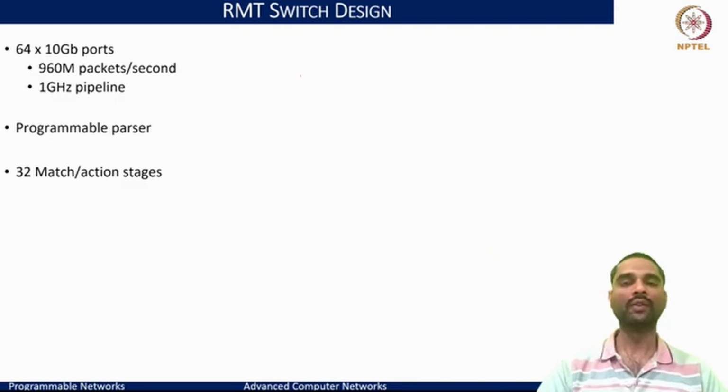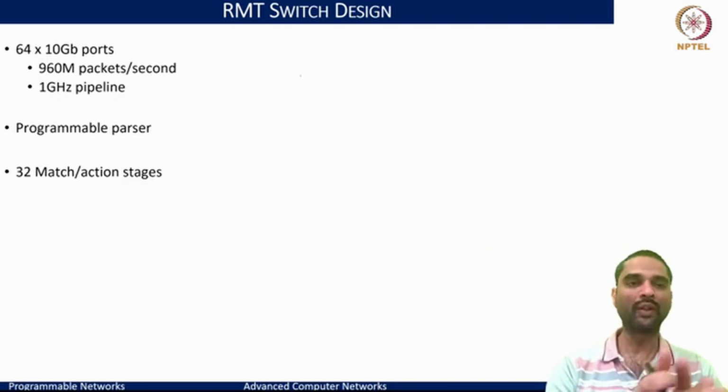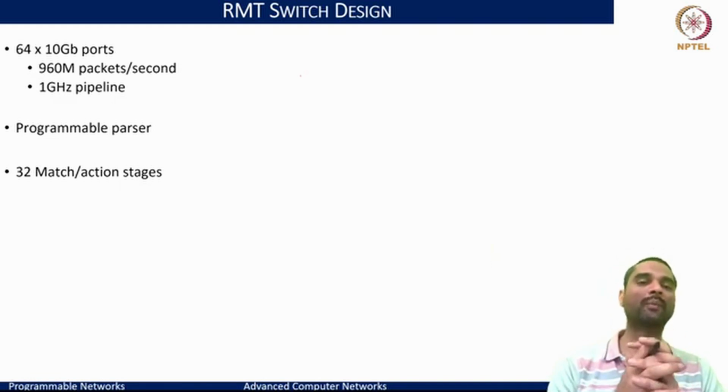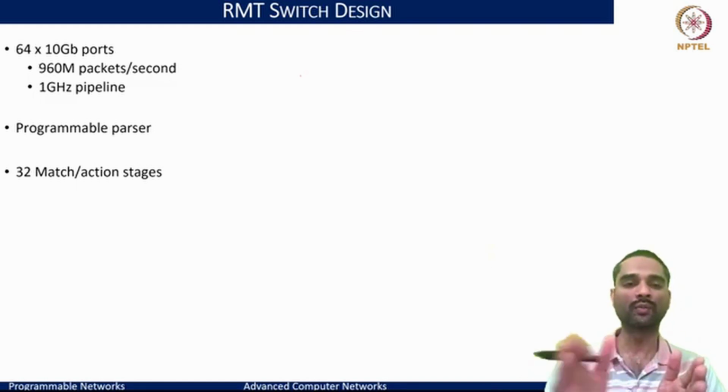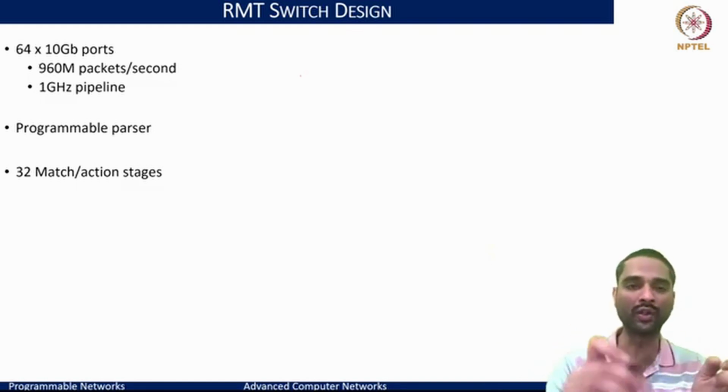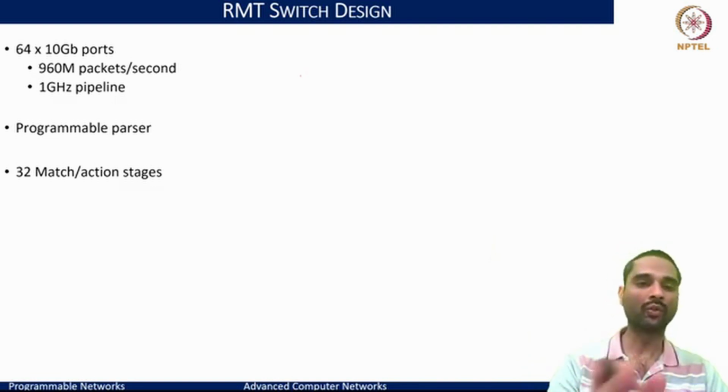And the switch design in this case corresponded for the RMT to have 64 of the 10 gigabit ports, which had the ability to match 960 million packets per second with a pipeline rate of 1 gigahertz processing, where the clock for each of the stages is clocked at 1 gigahertz.